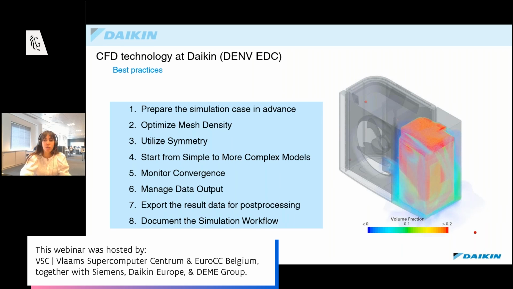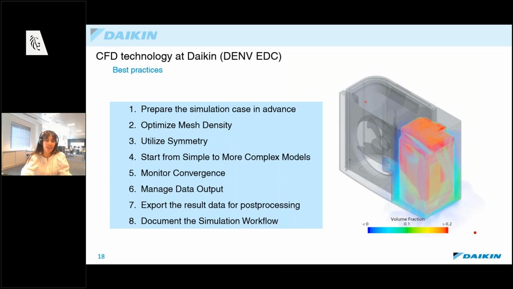Prepare all the corresponding reports, field functions, plots, scenes that then will be needed from the simulation case. Once you have these, pass it to the VLAM Supercomputer Center, import it there like a clean case, so it's also faster just to copy the case there. And you're ready then to mesh and run.